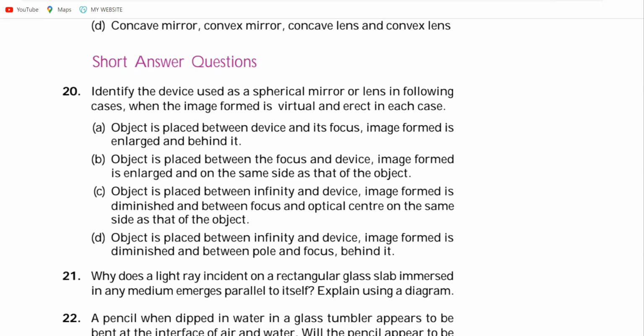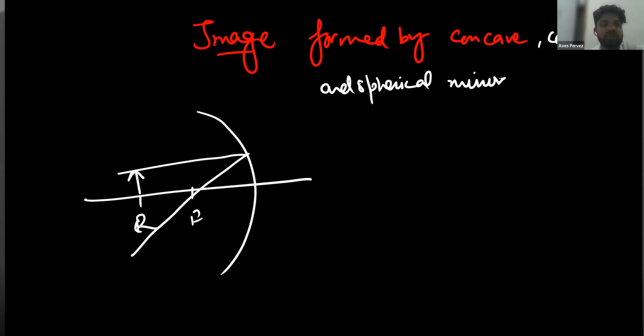Yes, sir, but I did not check the question properly. What is the device again? The device can be a lens or a mirror. So it is a mirror. Which mirror? Concave mirror, because when an object is placed between the pole and focus, it forms a virtual image which is behind and enlarged.